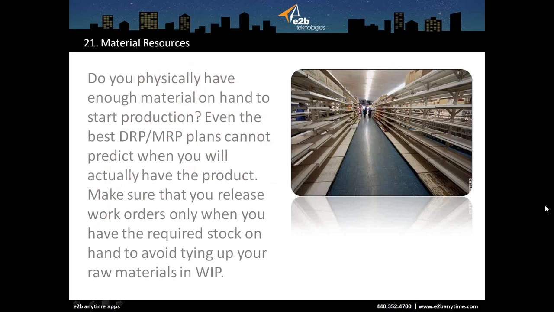Material resources. Do you physically have enough material on hand to start production? MRP, even if you're capacity constraining your material plan or your distribution plan, is working off an idealistic set of information.